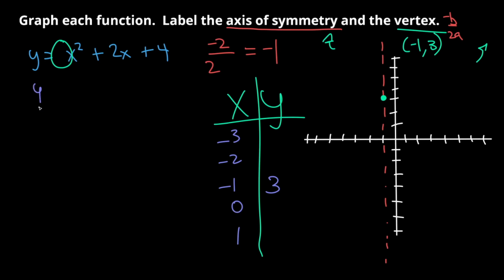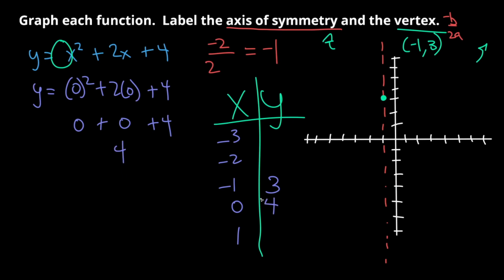So let's plug in 0. We have y equals 0 squared plus 2 times 0 plus 4. Simplify. 0 squared is 0, plus 2 times 0 is 0, plus 4. So we get y equals 4 when we plug in 0. I'll erase it.